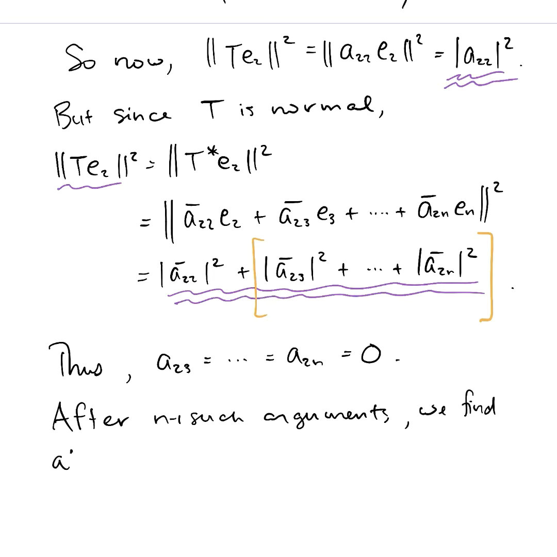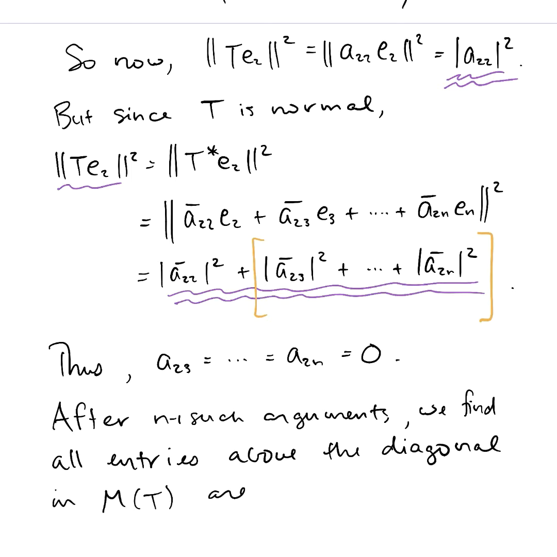We find all entries above the diagonal, so all entries of asterisk are 0. Sweet. Okay, so that ends that direction of the proof.